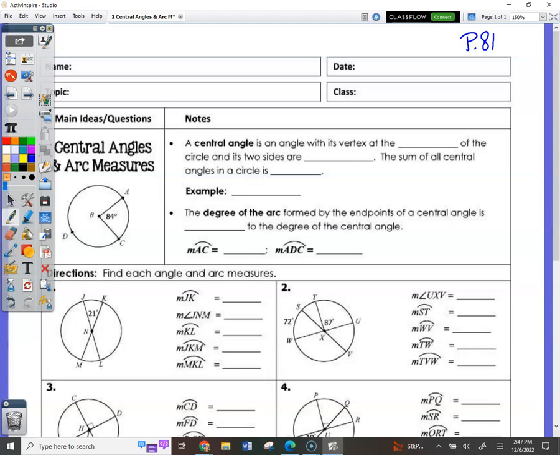This unit is a challenging unit because it forces you to be a problem solver. Remember with the right triangles, every picture was pretty much the same, right? You labeled the picture, you figured out which trig function you're using, and then you set it up and solved.